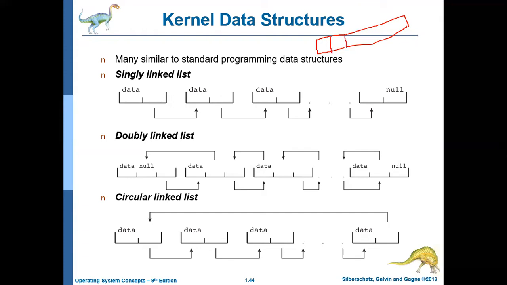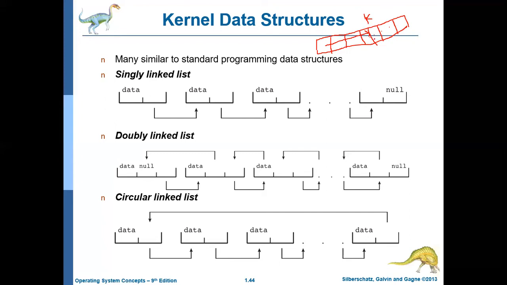If you want to access the first item, you access the first item. If you want to access the kth item, you access the kth item. But that is not the case in a list. If you want to access the kth item, you should access all the k minus 1 items first, and then only can you access the kth item. You cannot directly go and access the kth item. That is the main difference between array and list.